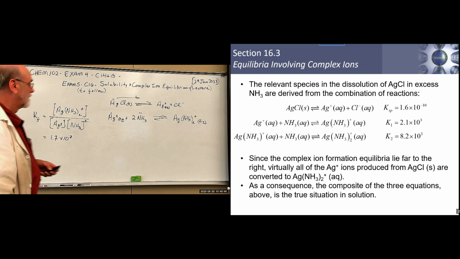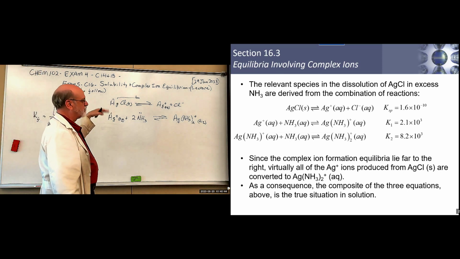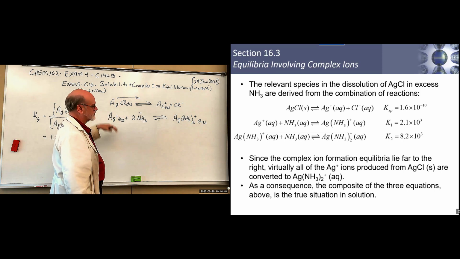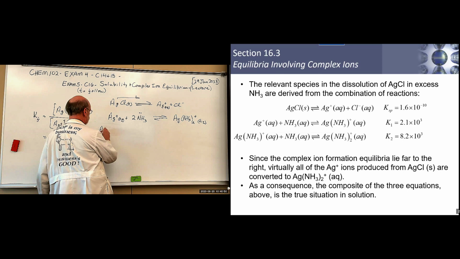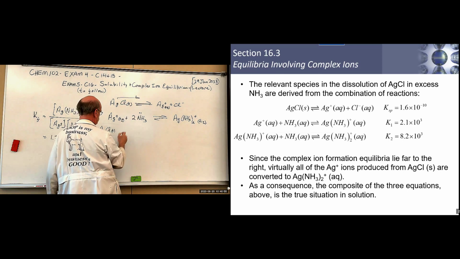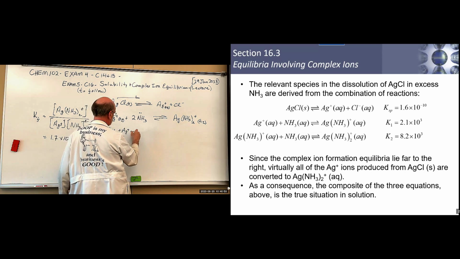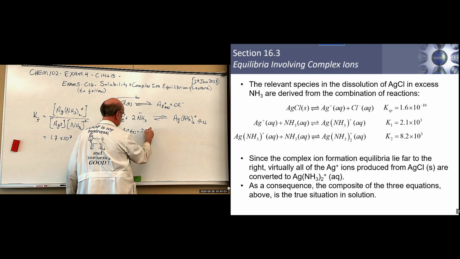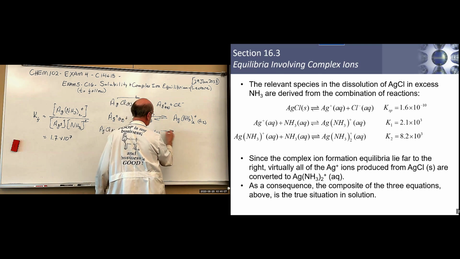But in solution, we've got both of these things going on. So if we combine all three of those reactions, what are we going to get? Let's see. We're going to have silver chloride solid on this side. We're going to have silver ions, and we're going to have ammonia here, aqueous.